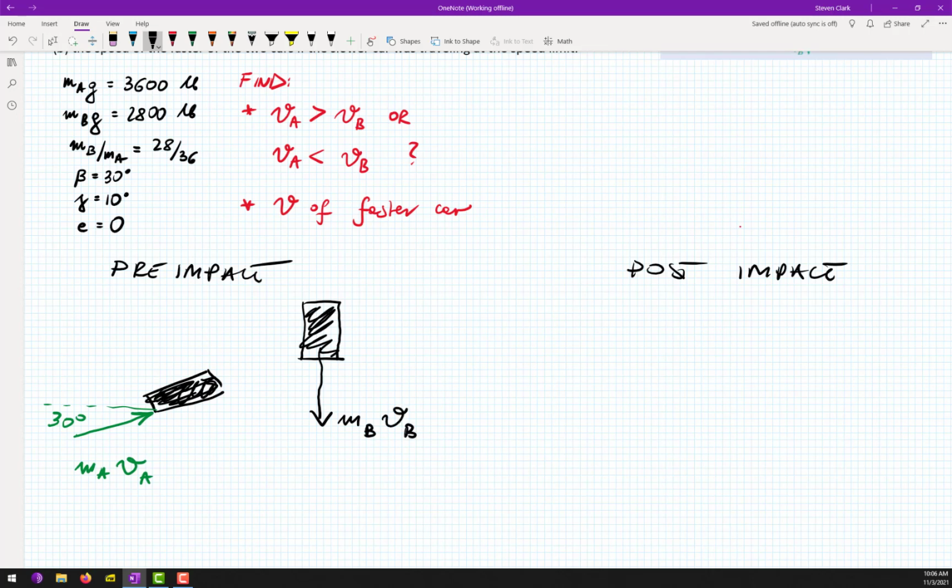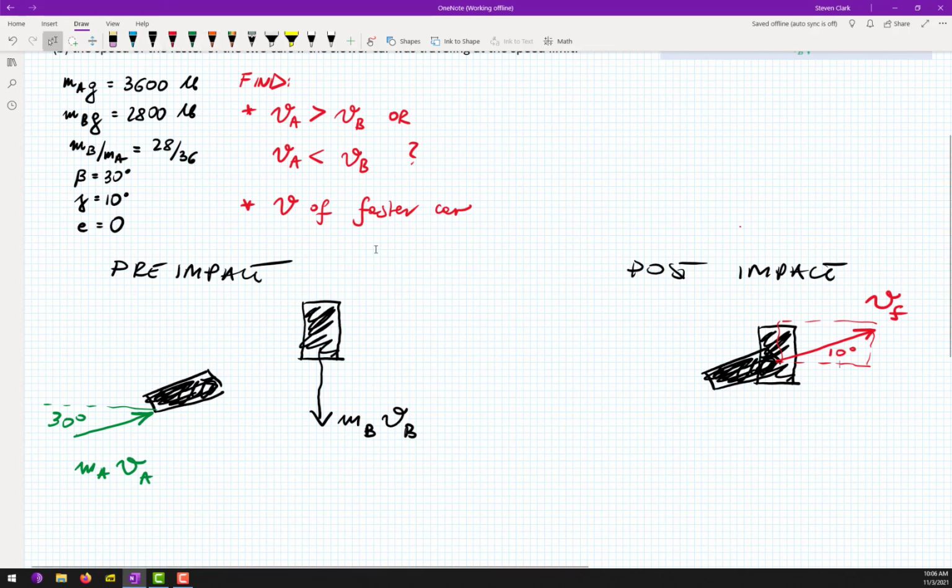Okay, and post-impact, they will just be glued together, if I can say so. And then they will have such velocity, let's say, MA plus MB with V final, okay? And this is 10 degrees.